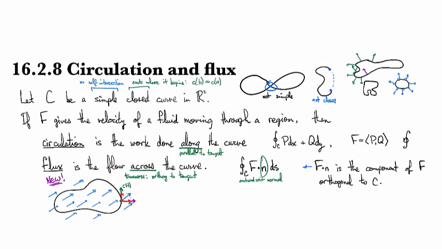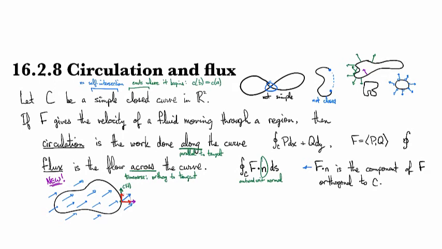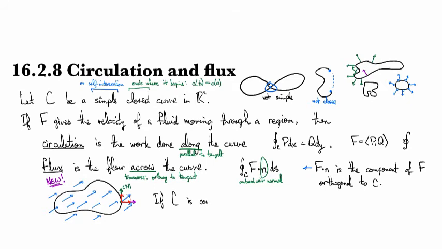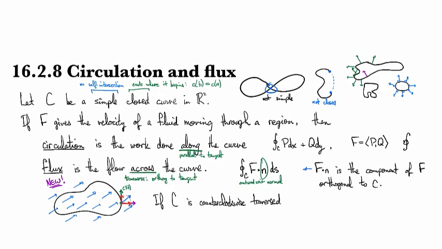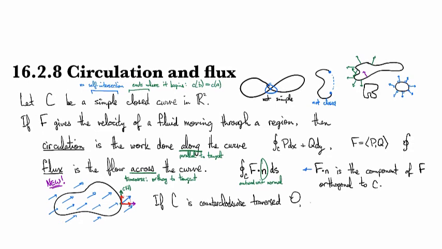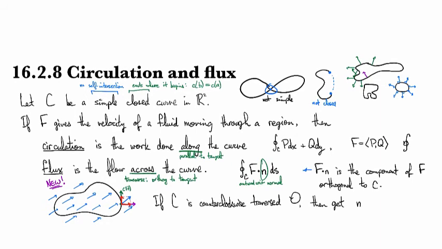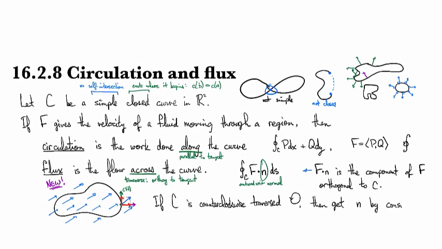Okay, so to get our mitts on this, if C is traversed counterclockwise, which is our standard positive orientation, so we're going that way, then we can get our unit outward normal vector by doing a cheap trick.